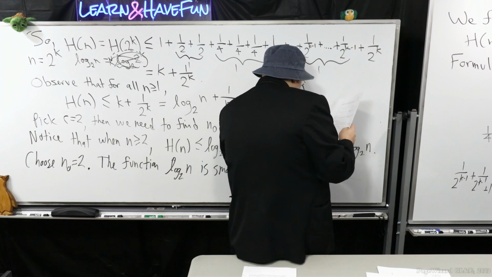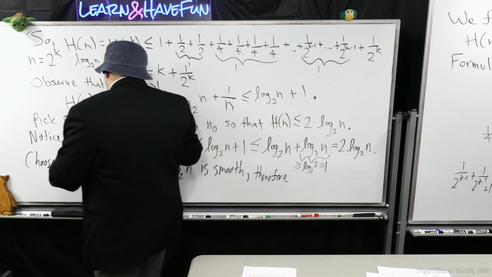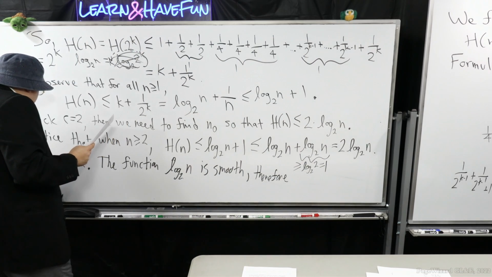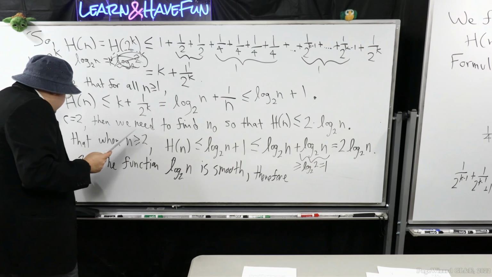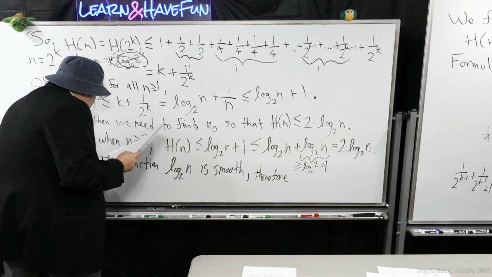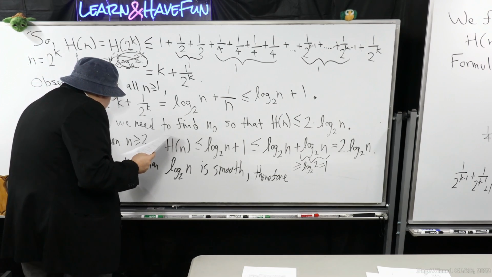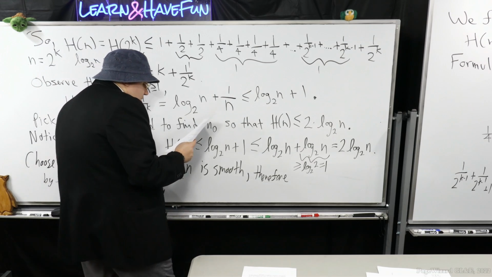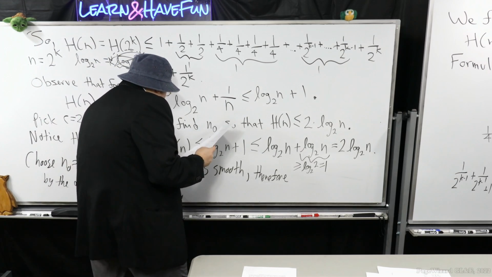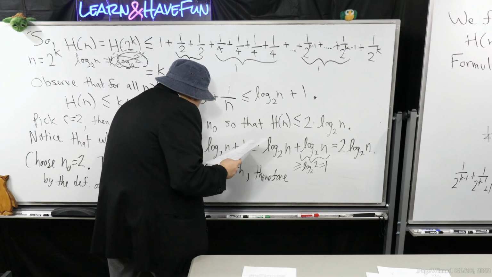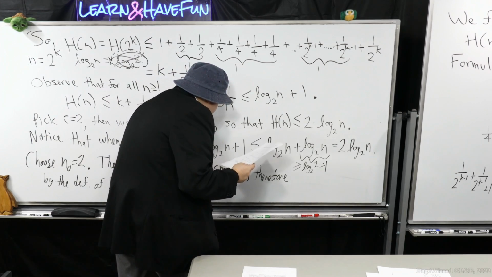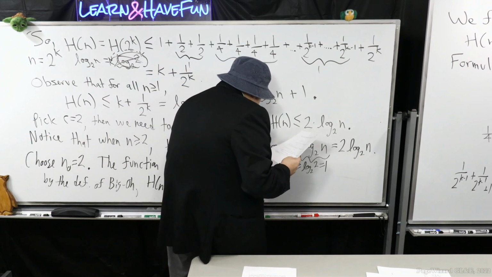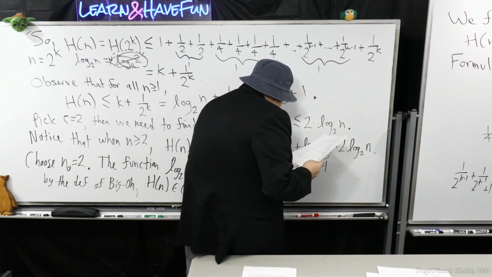Therefore, by the definition of big O, h is big O of log base 2 of n unconditionally. And we're done with the proof.